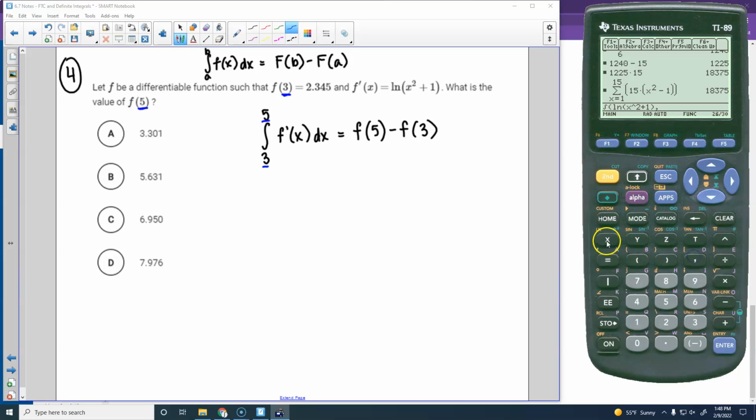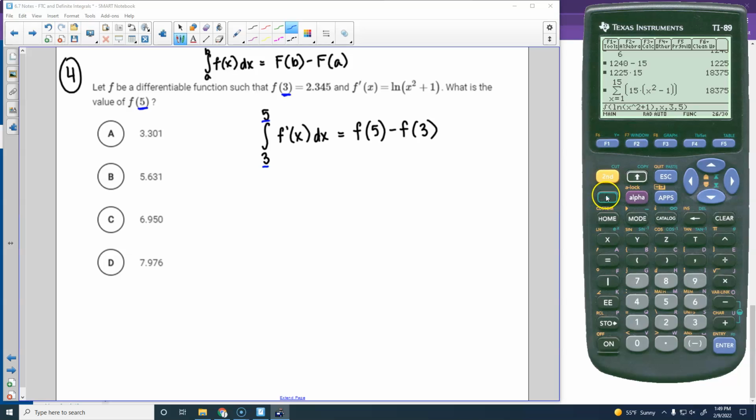You got to do comma x to tell it which variable it's doing this in terms of, comma 3 for your lower limit, comma 5 for your upper limit, and then you'll close the parentheses.